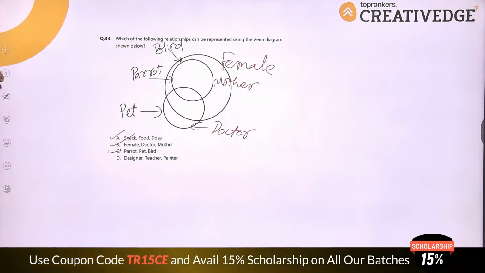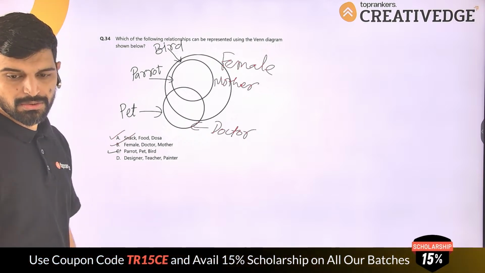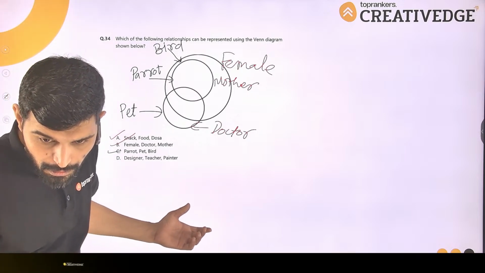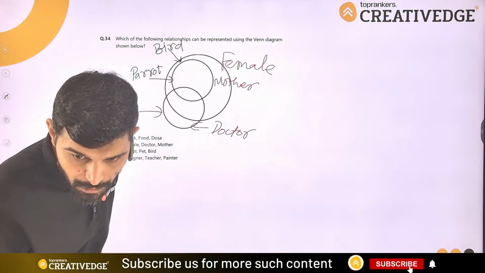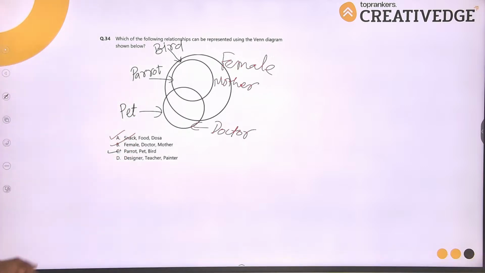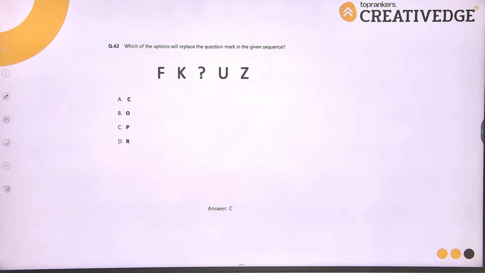Designer, teacher, painter. There is no certainty over here. Fine. So based on that, A, B, and C could be the right answers. Let's look at this one.